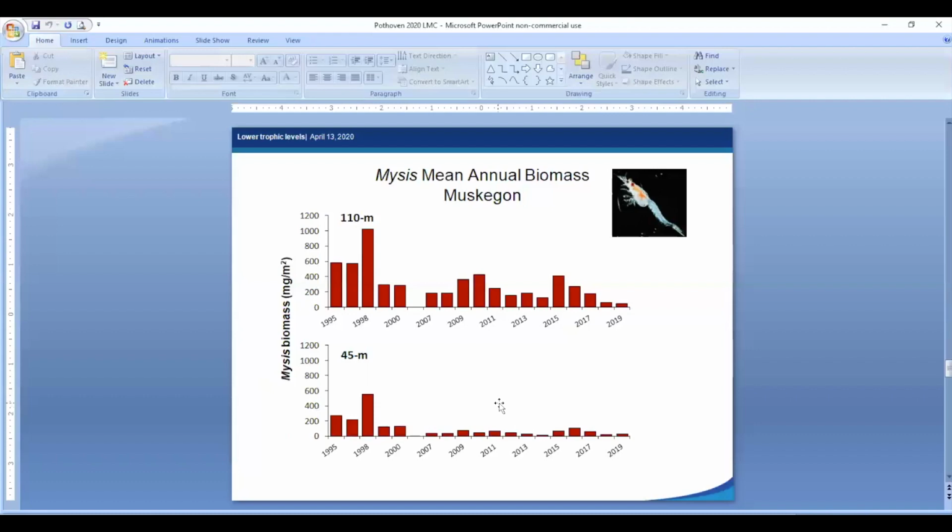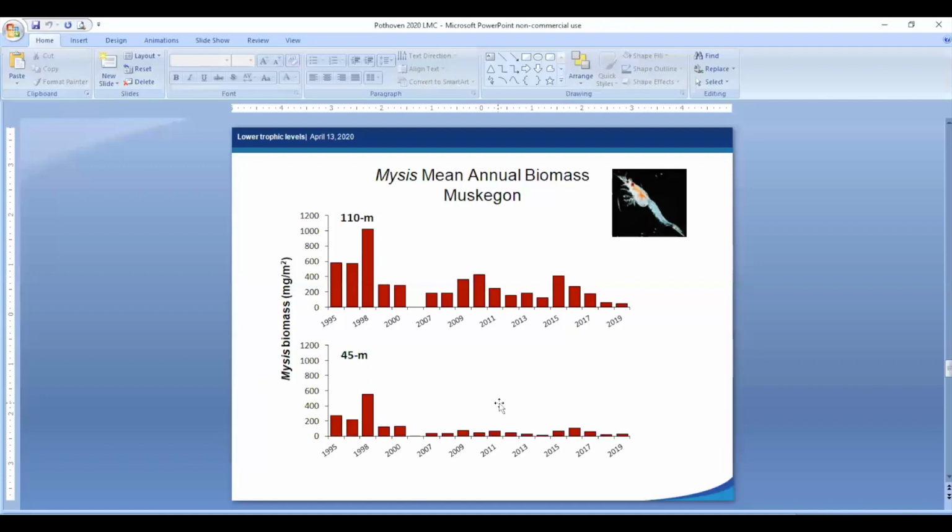And what we think is related to lower reproductive output. You would think, given past trends, that they should be bouncing up given the low numbers of prey fish. So that relationship doesn't seem to hold anymore. It seems like reproductive capacity is lower now, and they aren't able to bounce back as they did maybe in the past.